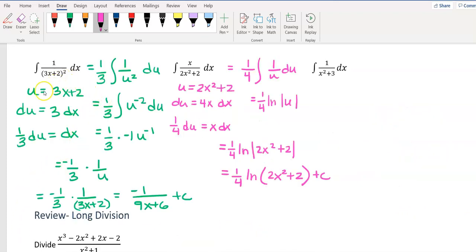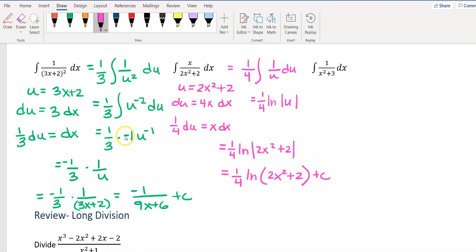Okay, so what we have in this first one, our u would be 3x plus 2, the derivative would be 3 dx, and you'd solve for dx, giving you 1/3 du. Putting that 1/3 out in front, you'd have 1 over u squared du. That u squared can be brought up as u to the negative 2. When you add 1 to negative 2, you get negative 1, so you're basically dividing by a negative 1 and multiplying by a negative 1.